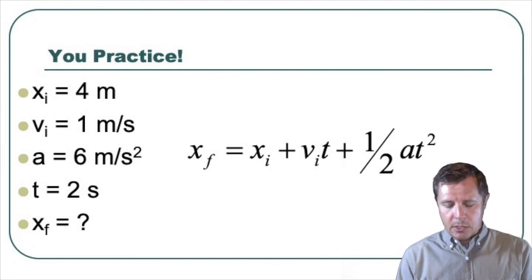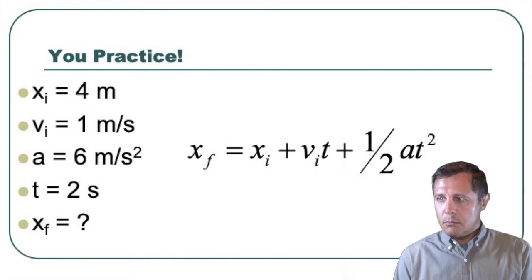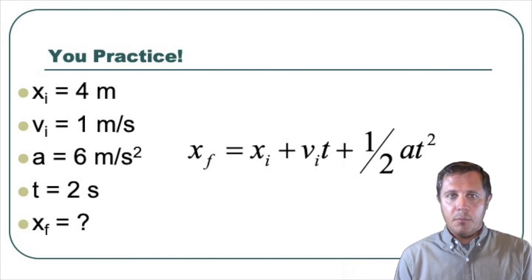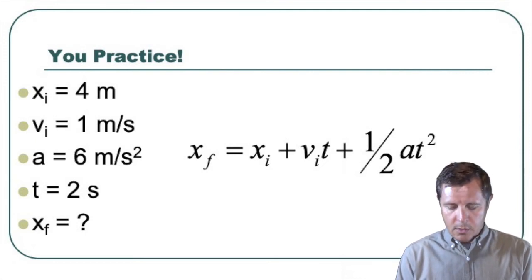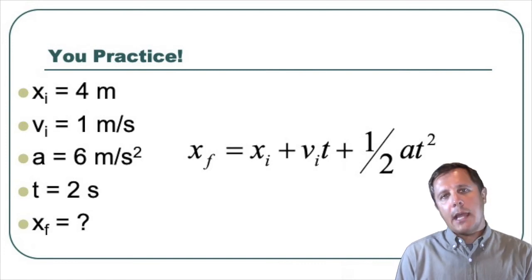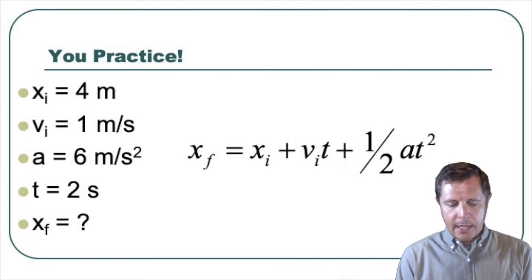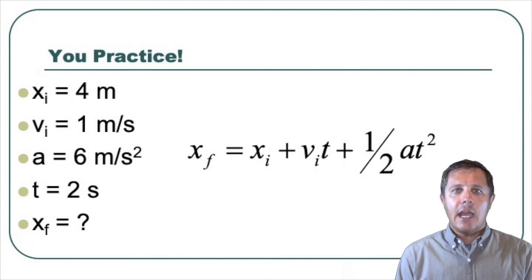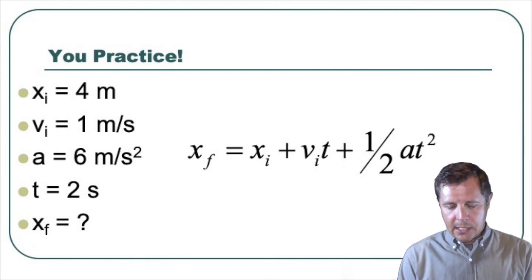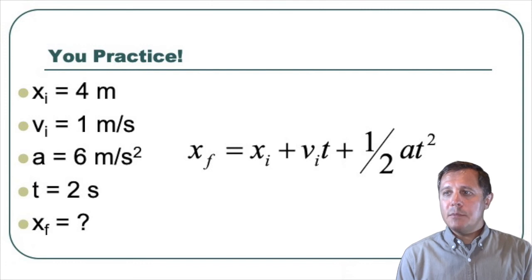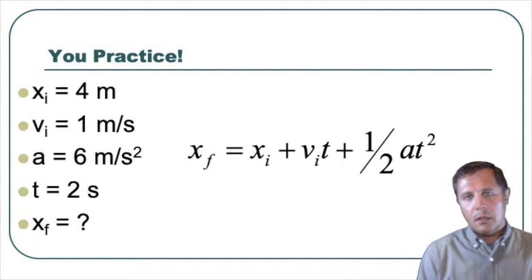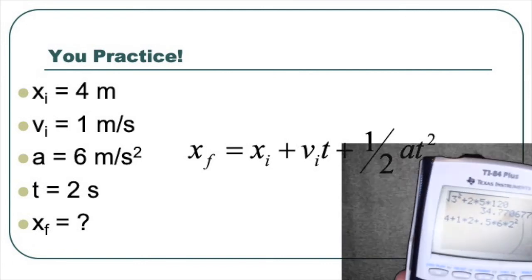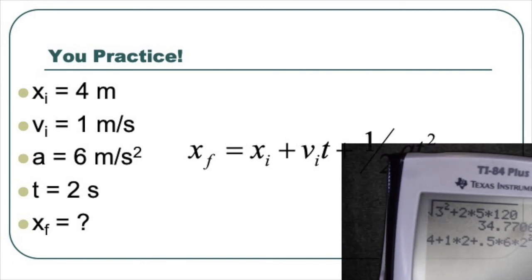My initial position would be 4, plus my initial velocity, which was 1, times my time, which was 2. Okay, plus 1/2, which I put in as 0.5, times my acceleration, which I have to be 6, times my time again, but this time I'm going to square it. So it should look like that right there.